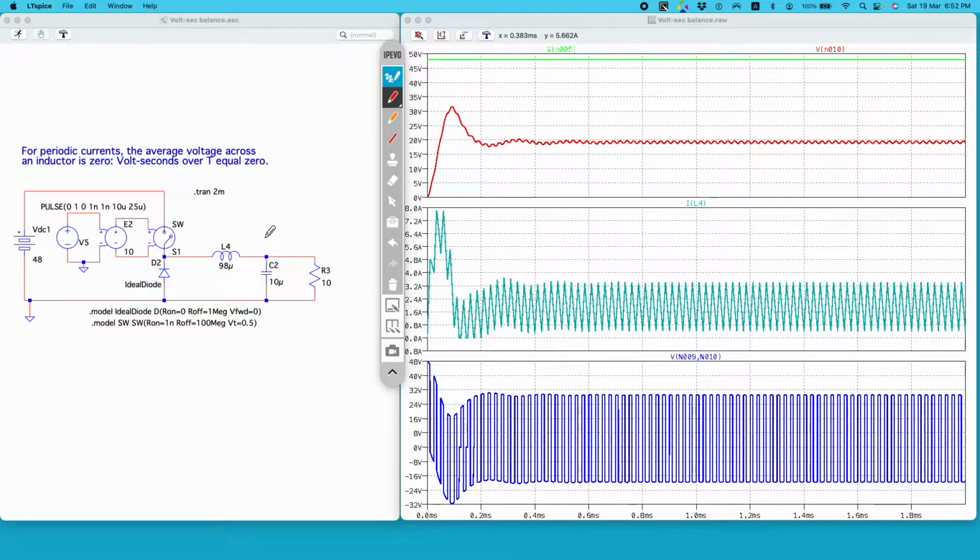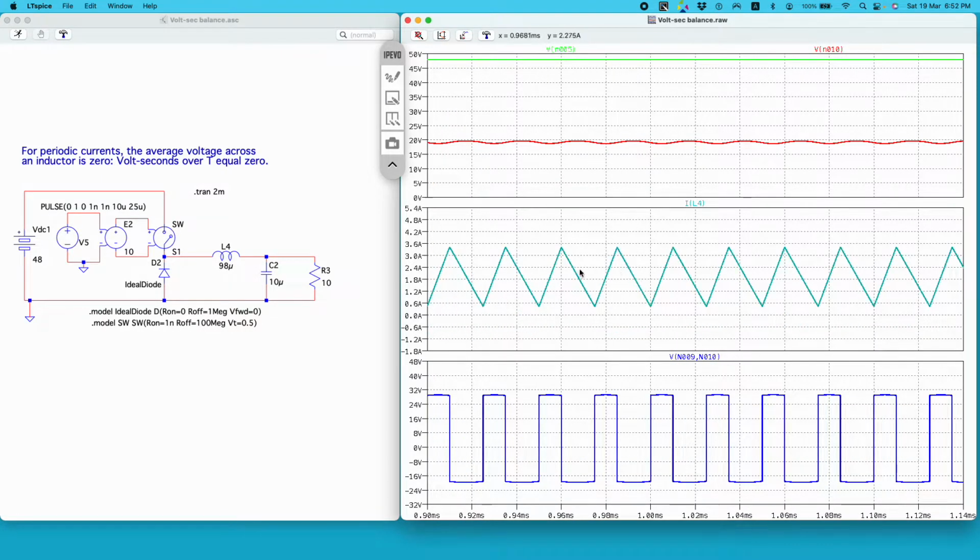When you are selecting the components, you make sure that those components, such as the switch, inductor, capacitor or diode, can tolerate the peak value of current flowing through your converter during the transient interval. Now let's see the steady state interval.